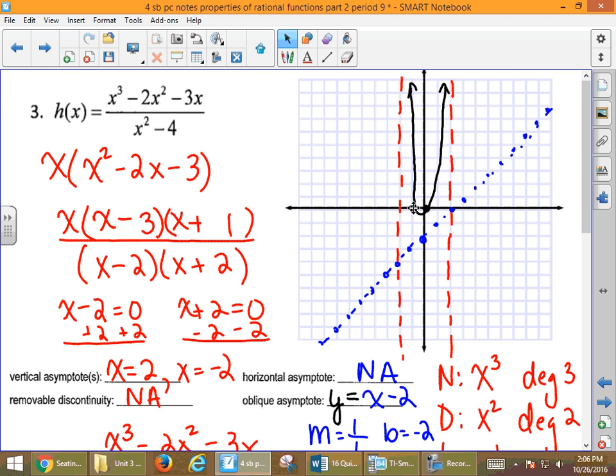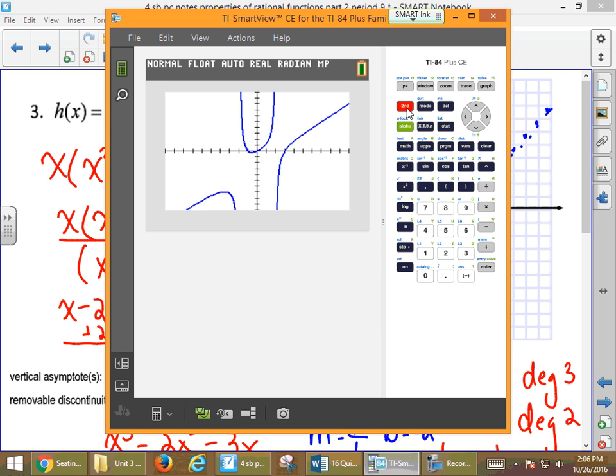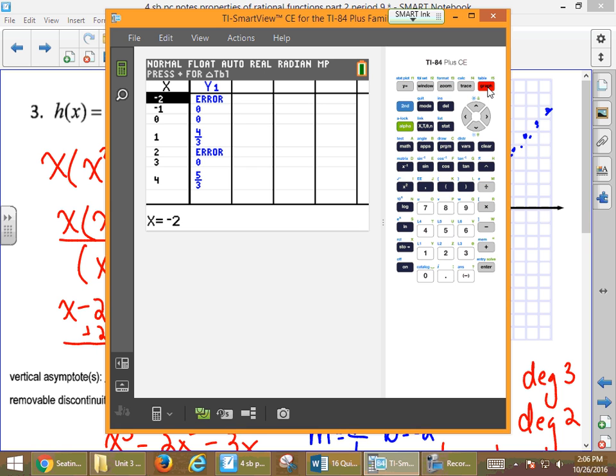When we continue to look at our table in our calculator, we also see a point like 3, 0. Let's see if we have any other nice ones that we can work with here. We have 3, 0 and we have 8, 6.